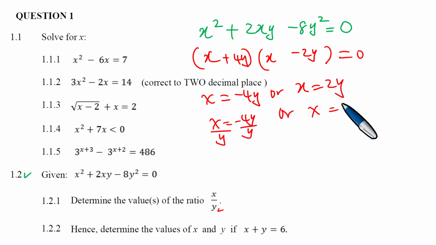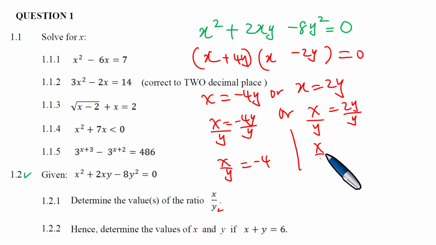Also x equals 2y, you divide by y. This means x over y is minus 4, and x over y equals 2. So we got the values of x over y. We are done. We determined the values of the ratio here.